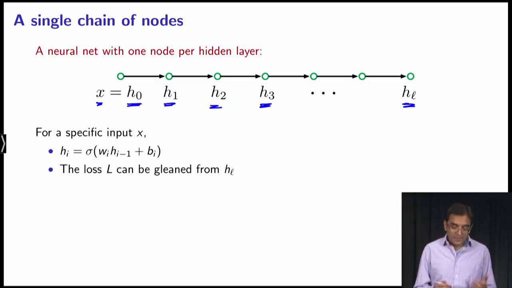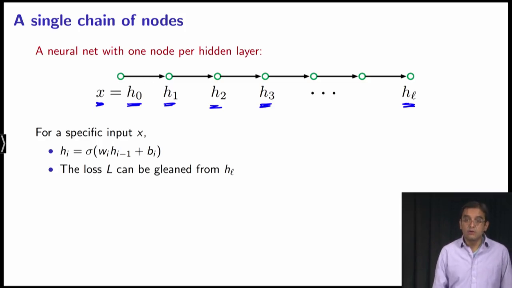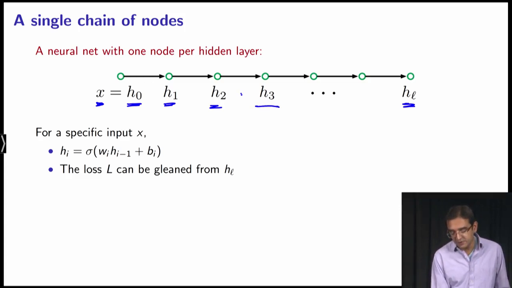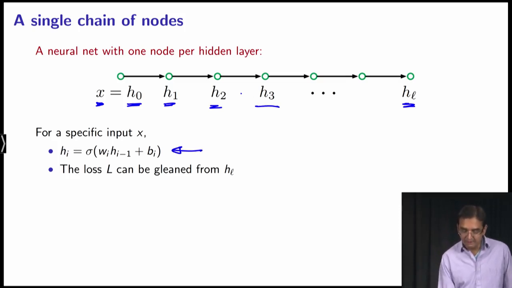Now, when we get an input, when we get x, or equivalently h0, we compute h1, h2, h3, all the way to hl in a single feed-forward pass. Okay? Each value, like h sub 3, is a linear function of the previous node. And here's the formula for the linear function.